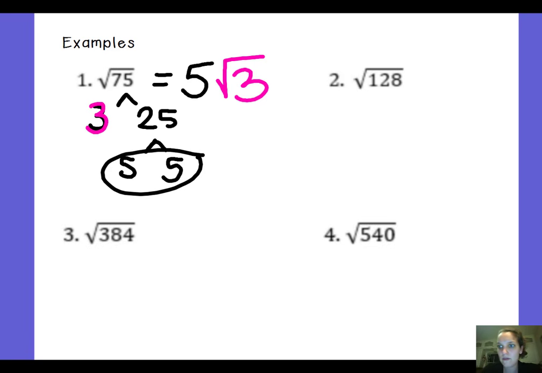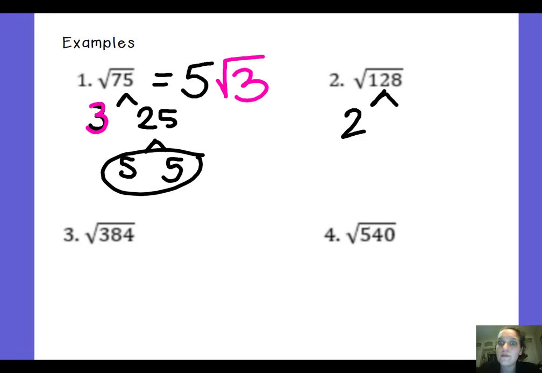Okay, 128. Well, 128, I can't really think of any numbers off the top of my head that go into 128. But I do know that since 128 ends in an even number, it's going to have to be an even number itself. So 128 is even, and so 2 has to be one of its factors.